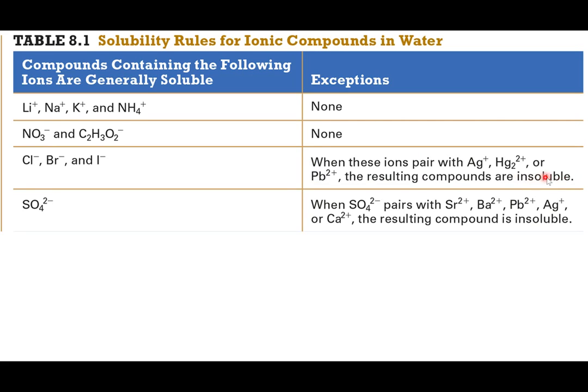They will be insoluble. Okay, so these are the exceptions to the rule. If chlorine's attached to anything else, it will be soluble. And same goes for sulfate here. So generally soluble unless it's attached to one of these guys right here. Okay. So that's the top half of the table.